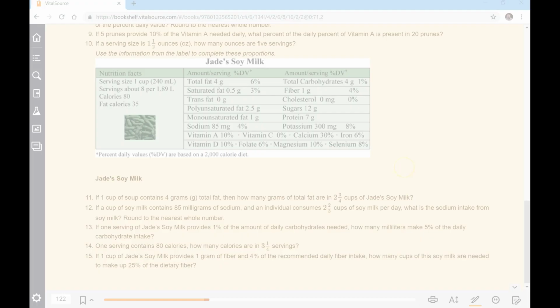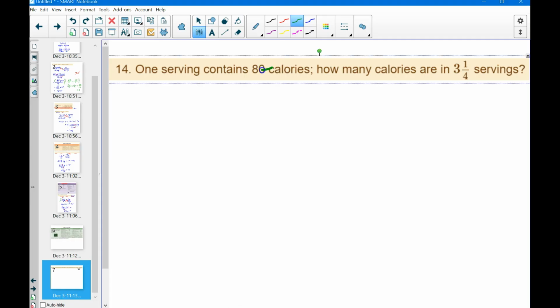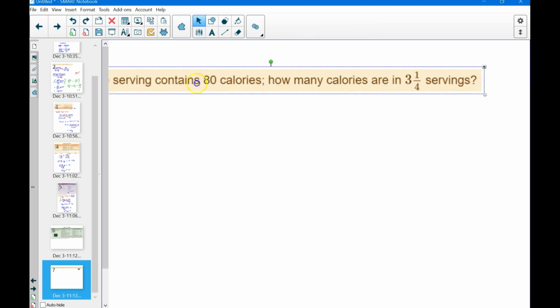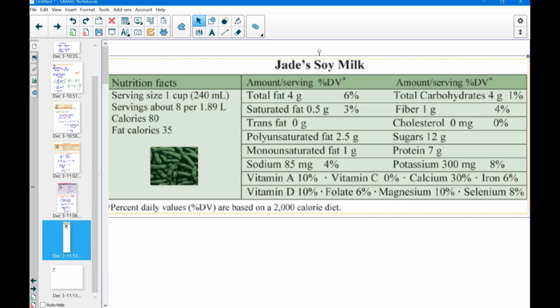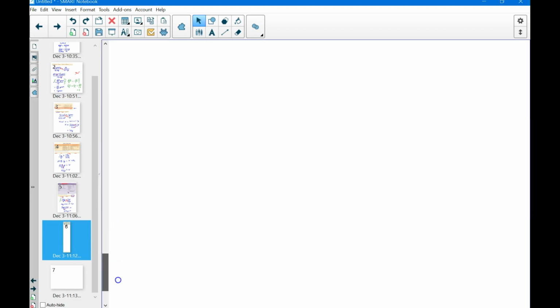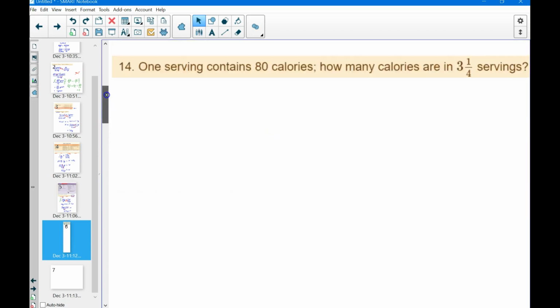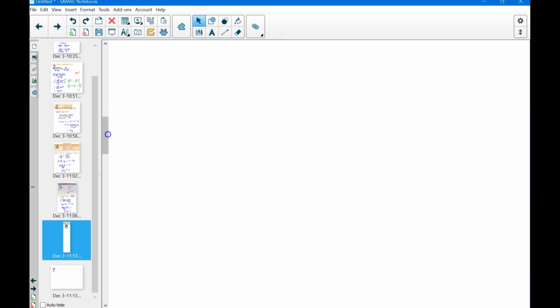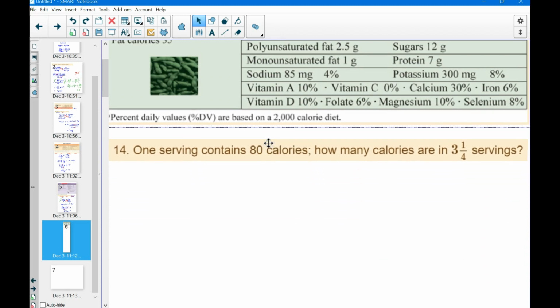Let's do a fraction there. So one serving contains 80 calories.